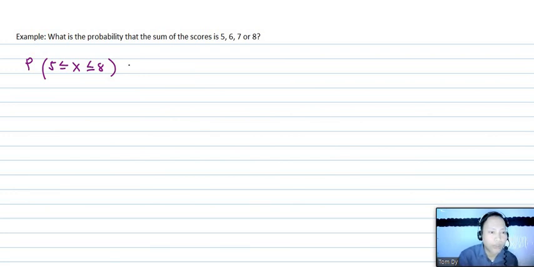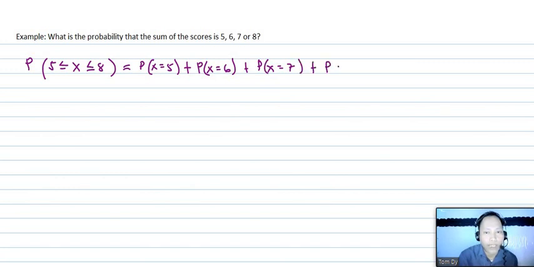So when we write our solution, that is the probability when x is equal to 5 plus the probability when x is equal to 6 plus the probability when x is equal to 7 plus the probability when x is equal to 8.